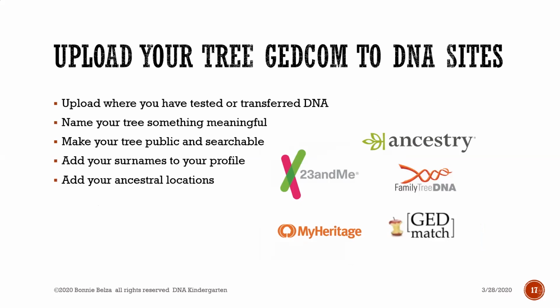It's useful to have at least a direct ancestor tree everywhere, and then have one tree that you're focusing on where you flesh out your matches and add all those cousins and collateral lines.